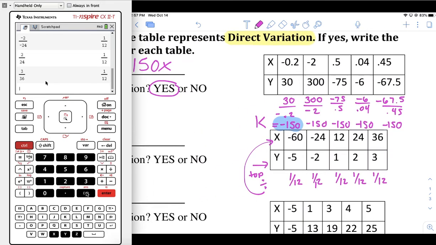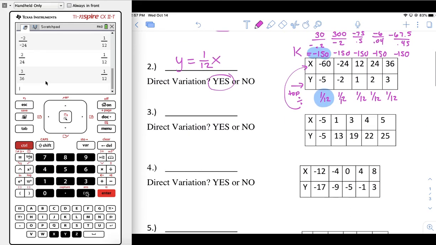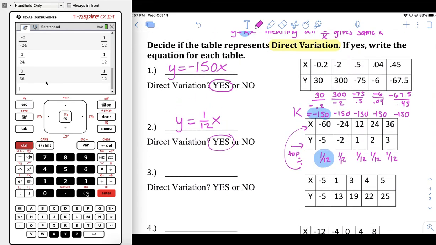So again, if that's my k, and all of them came out to be the same, then I take my k, I plug it into that equation, and I write it out. y equals 1 over 12x. Okay? So far, so good. Really, you just have to see if all of the numbers come out to be the same. Okay? All right, let's move down and check number 3. If you missed anything on this area, please pause it, copy it before we move on.